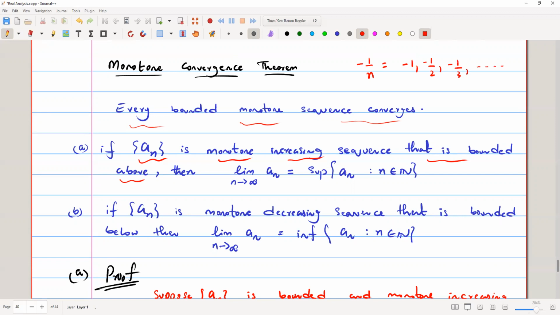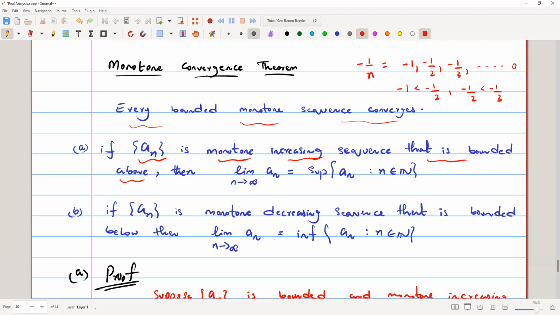So we can say that -1 is less than -1/2, and -1/2 is less than -1 over 3 because of this negative sign. And the sequence is going towards 0 here.